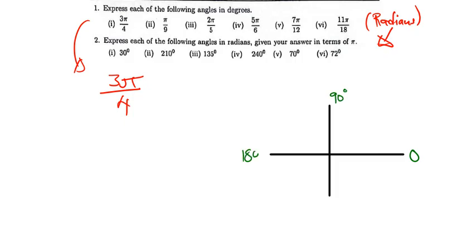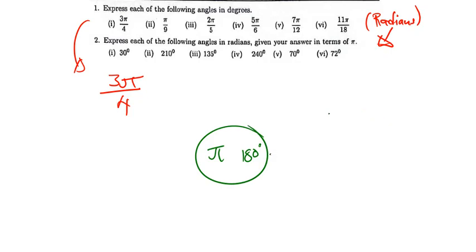You should understand that where there's 180, it's pi, and where there's 90, it's pi over 2, meaning half of pi. This is what we're going to use as our conversion factor.